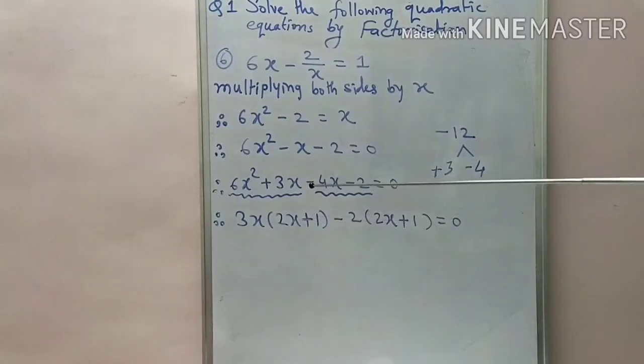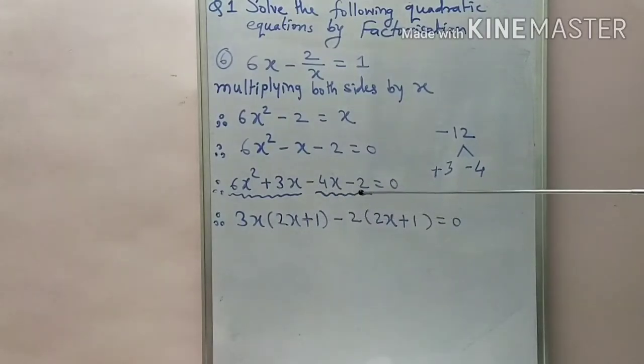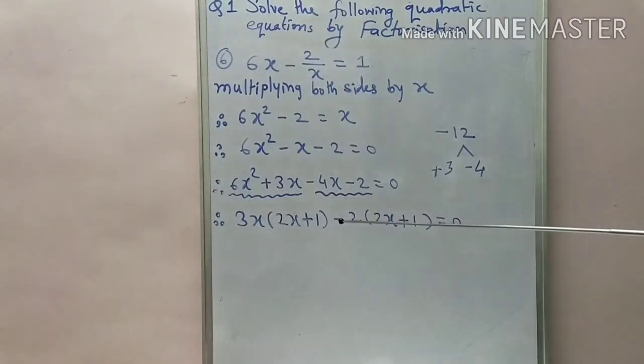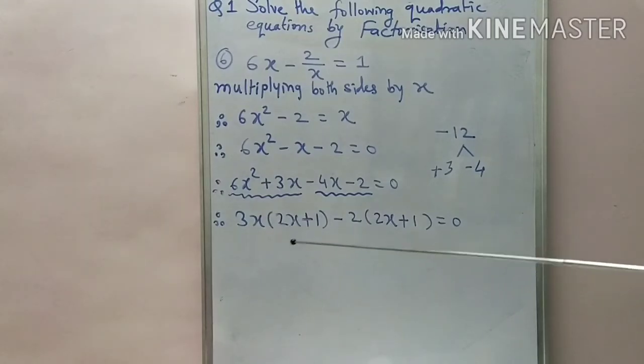The minus sign stays as it is, and from this group 2 is common, so to get 4x we multiply that 2 with 2x. If minus is taken outside, we change the sign to plus, and with 2 outside the remaining is 1. So 2x + 1 is common again.